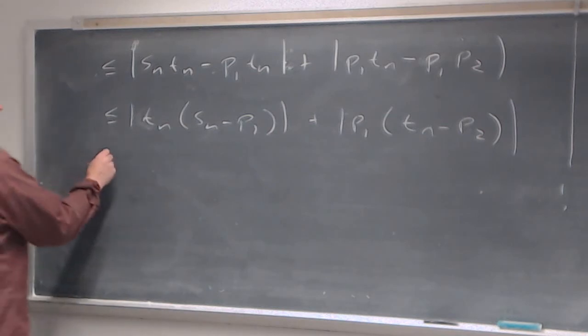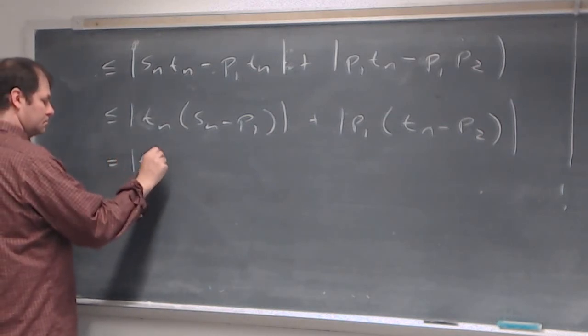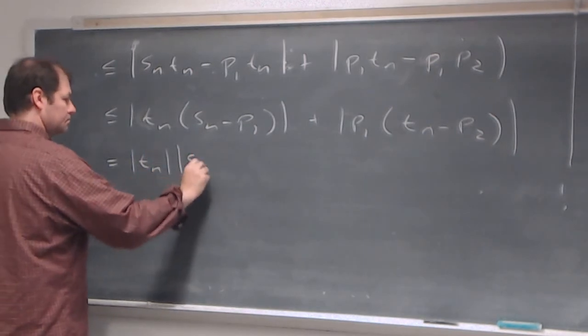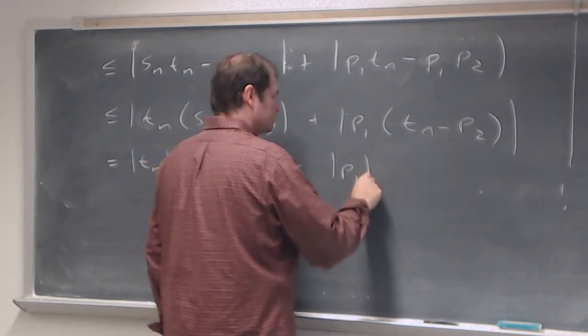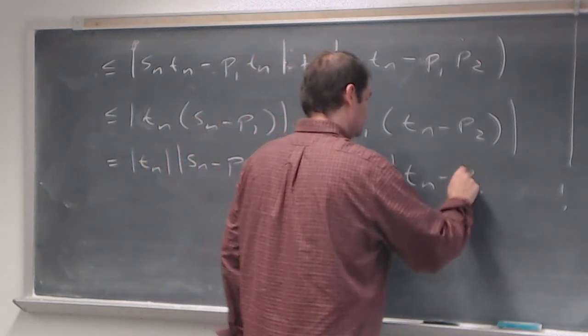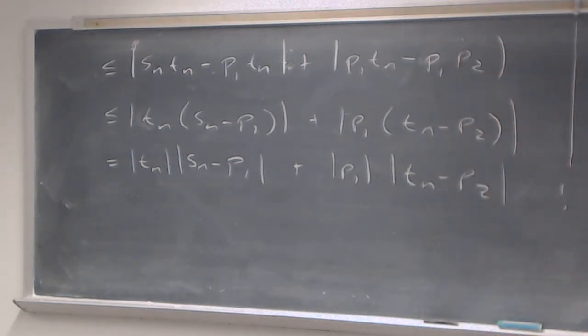Tell me what to write. The absolute value of T sub n times the absolute value of S sub n minus P sub 1, plus the absolute value of P sub 1 times the absolute value of T sub n minus P sub 2. Okay. Now, remember, I want to make this small.